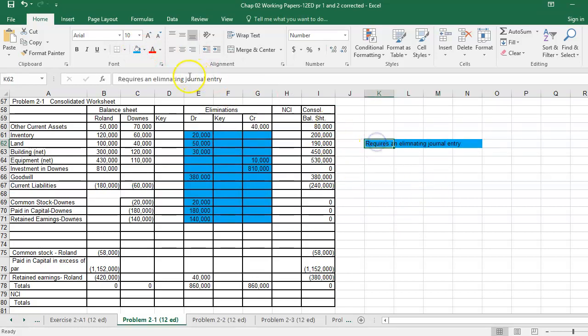And we use the word eliminating, but that was not actually part of the question, so I'm not going to worry about it. Okay, hope that helps.